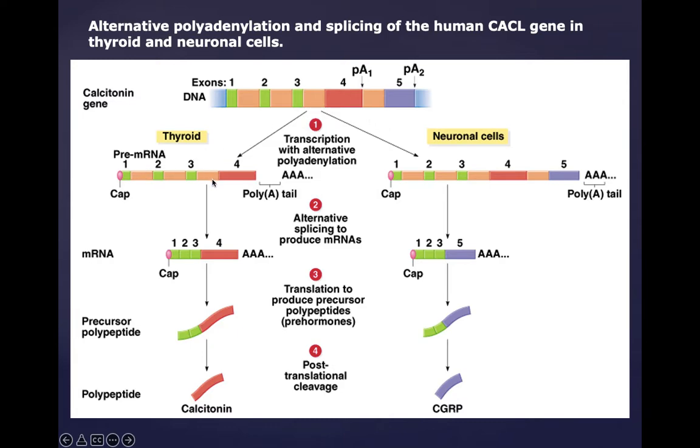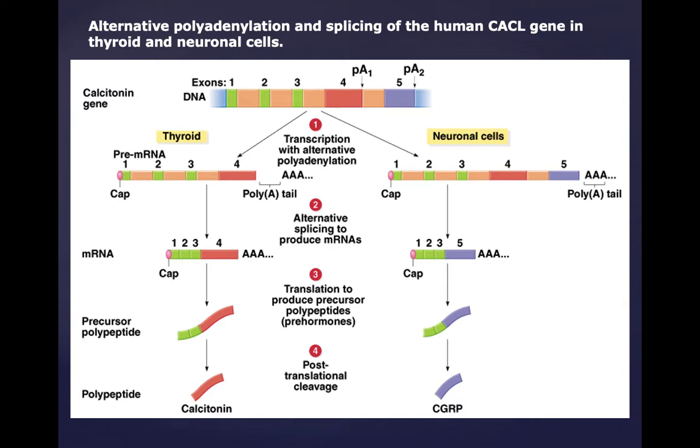For the case of the thyroid, there is exclusion of exon number 5 identified here, and the poly A tail is added. For neuronal cells, it's quite different because, unlike thyroid, the poly A tail was added at a further position. Now, alternative splicing will definitely result in exons being merged together.